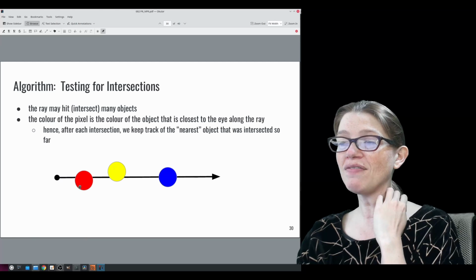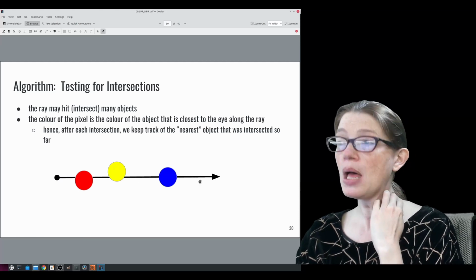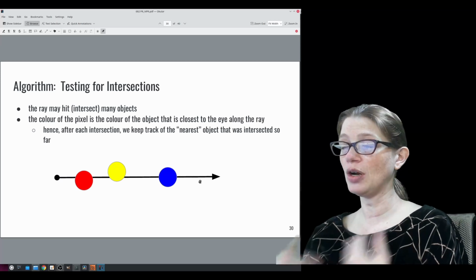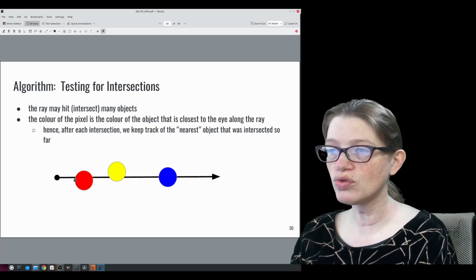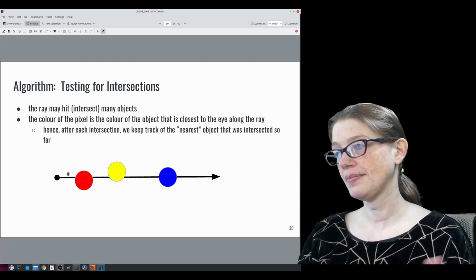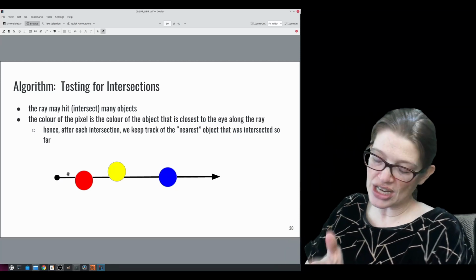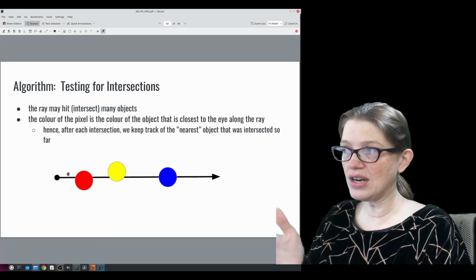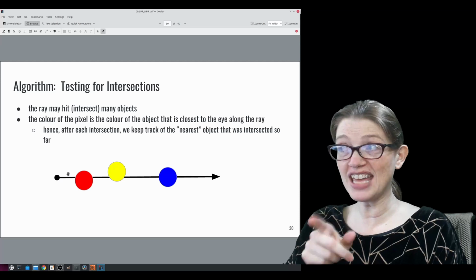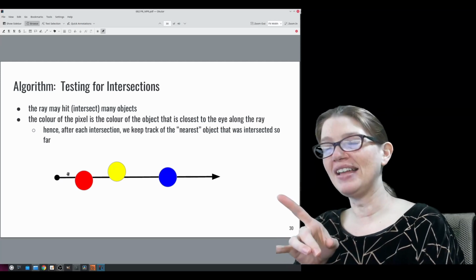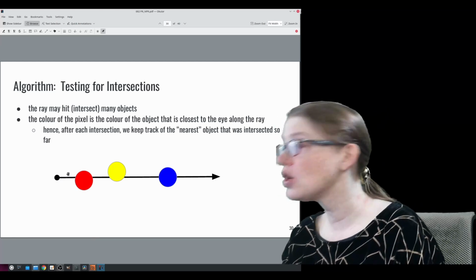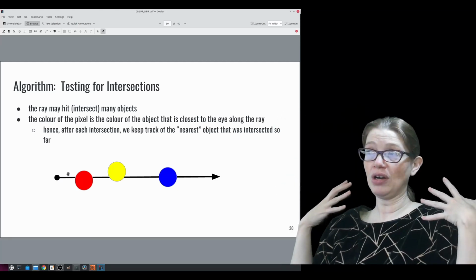So we have six possible intersection points, but I don't want all six. I want the one that is visible to the camera, which means I want this one right here because it's closest. As I'm testing the ray for intersections, you might think, oh, I intersected something, let's stop testing. But you can't, because you don't know at that point if there are any other intersections which might be closer to the camera.